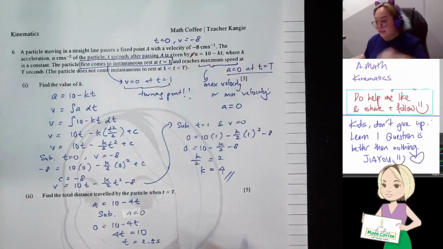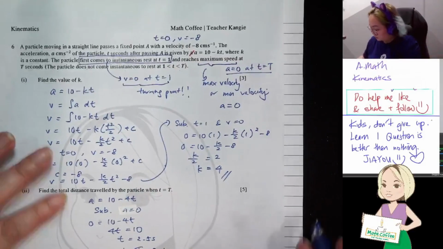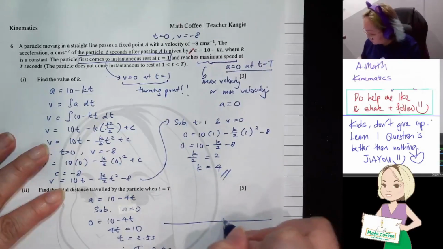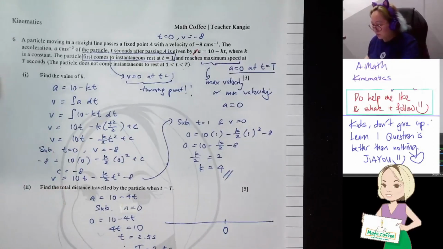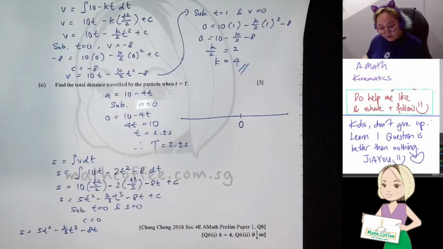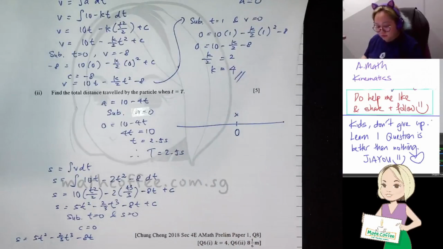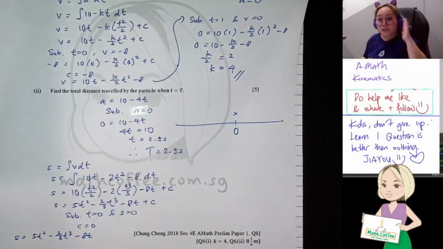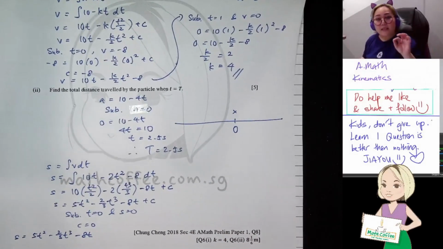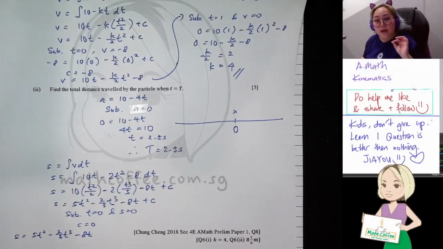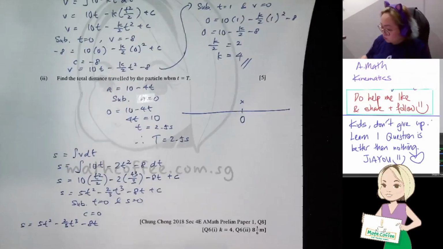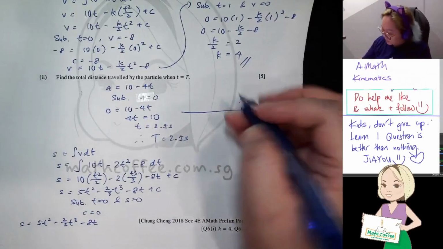So let's draw the diagram. First, at t = 0, s is 0. So I know it starts from the O. Next, I want to find t equals 1, where your particle turns. So I'm going to do the working here.